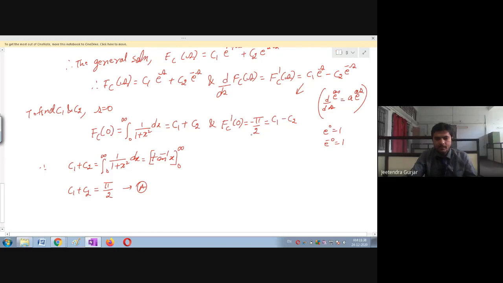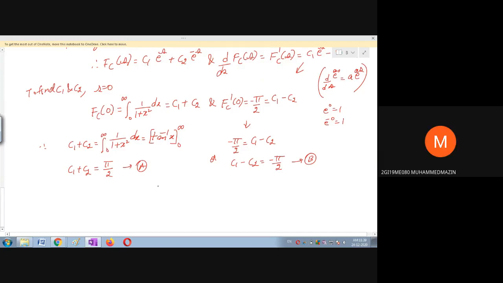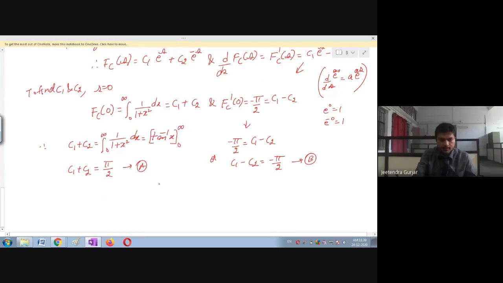And then further if you simplify, you can see minus pi by 2 is equal to C1 minus C2, or I will write C1 minus C2 is equal to minus pi by 2, and I will keep this as equation B. I am going to find only C1 and C2. So can you tell me the value of C1 and C2, students? So I have C1 plus C2 is equal to pi by 2, and C1 minus C2 is equal to minus pi by 2.